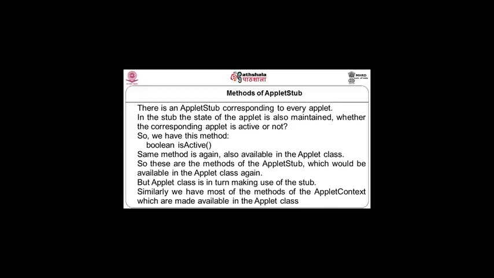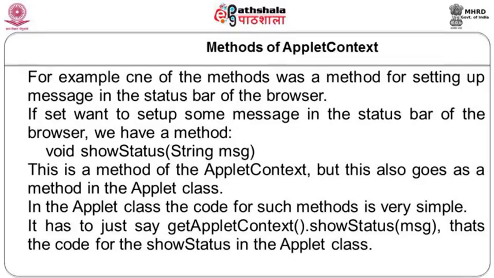For example, one method I mentioned earlier is for setting up some message on the status bar of the browser. The method name is showStatus, which takes as parameter a string for the message to be shown on the status bar. This is a method of the applet context, but it also goes as a method on the applet class.